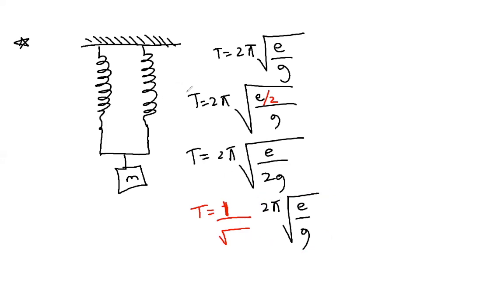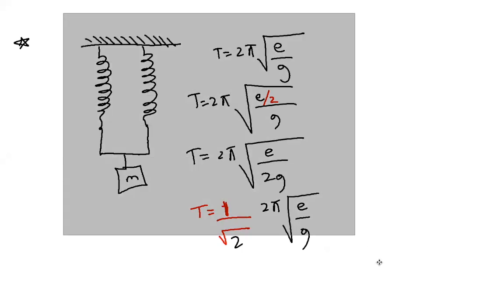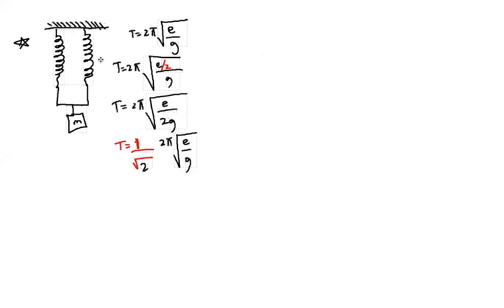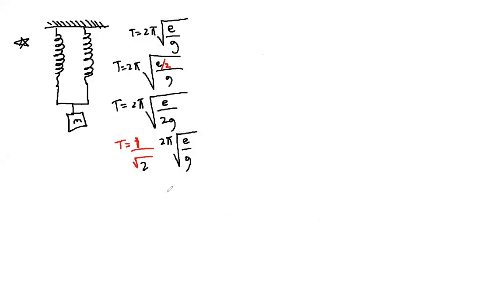So the T we found here is 1 over under root 2, times 2 pi under root e over g. If anyone has confusion about this, do tell me. Now I'm going to show you the general formula that we're going to develop. Let's say I have Tn, n number of springs.